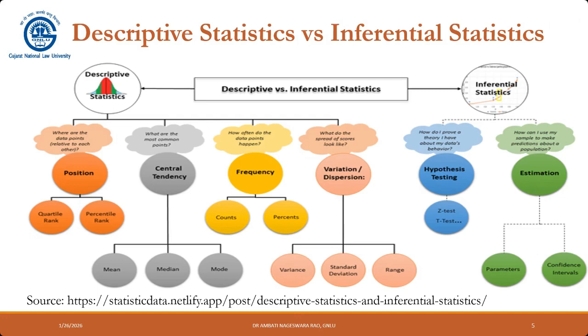For descriptive statistics, with the help of MAXQDA, we will conduct mean, median, frequency, and cross tabulations. Similarly, for inferential statistics, we will conduct t-test, ANOVA, and correlation. These are the statistical tests we are going to conduct for both descriptive as well as inferential statistics.